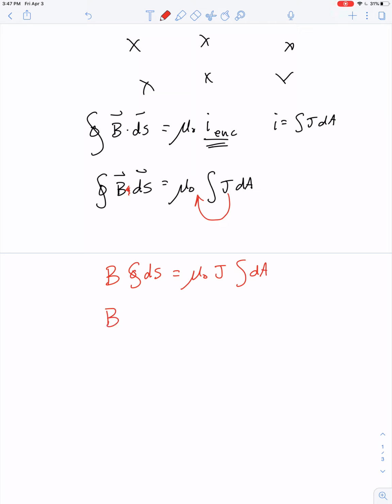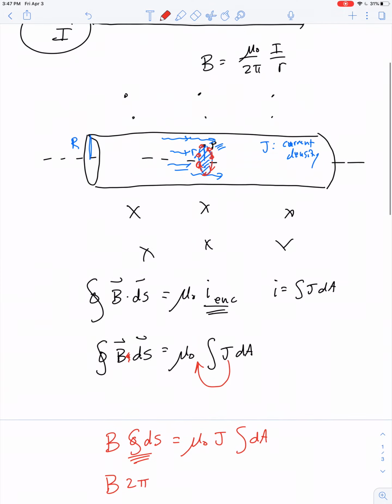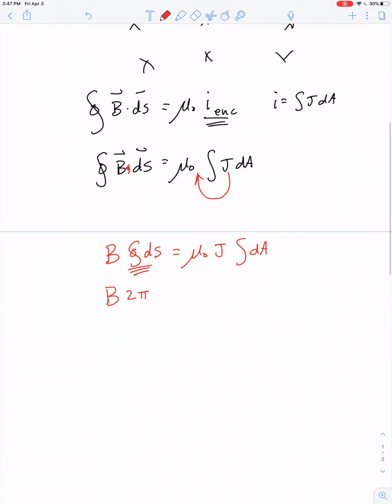So we get B times, now this just means find the total length of your Amperian loop. So this is B times 2 pi. Now you know I'm going to say r, but which r? Lowercase r, right? That describes the circumference of my Amperian loop. Capital R is the radius of the wire. So B times 2 pi little r is equal to mu naught times J. Now the integral of dA just means the total area of my Amperian loop.